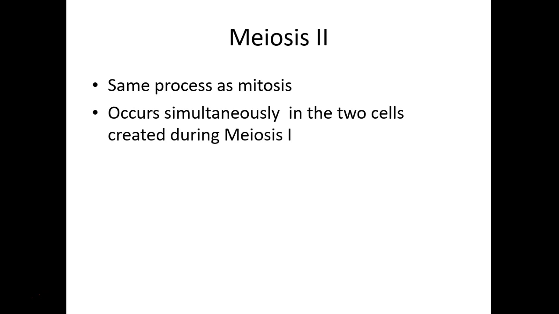Meiosis 2 looks just like mitosis because we're going to separate our sister chromatids, and it's going to occur simultaneously, or at the same time, in the 2 cells created during meiosis 1. So those 2 new cells we created in the first division are both going to go through this process now.